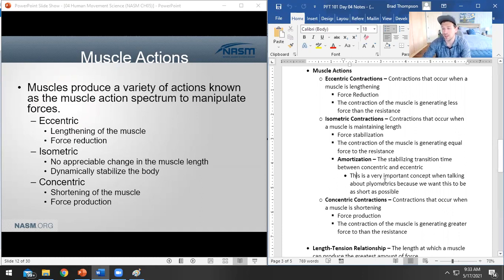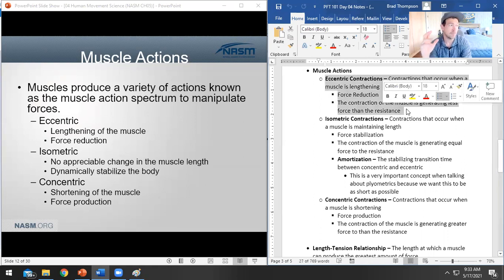So this is a really important concept when we are talking about plyometrics. When we're talking about explosive jumping, fast movements, one of the keys to being as explosive as possible is to have a really fast amortization, okay? To have a really, really fast transitionary period. So the faster your amortization is, as you are lengthening a muscle out, when you perform really rapid eccentric contractions, your nervous system actually kind of panics a little bit.